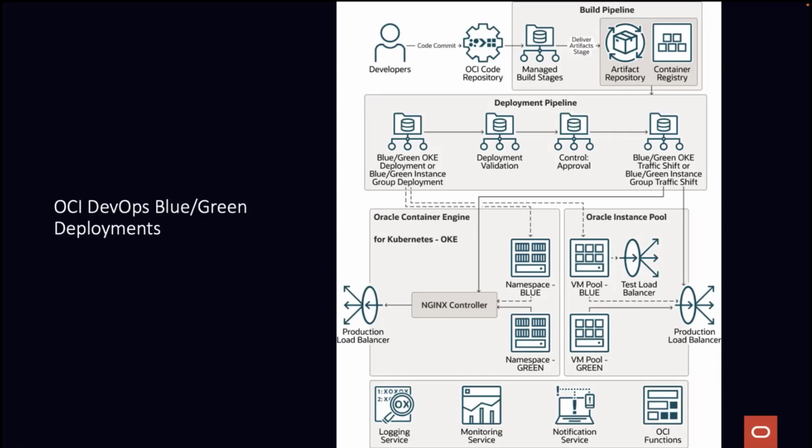It is used for OKE, and we use two namespaces, blue and green. From there, we have an Nginx controller, which is used as the production load balancer. You can also see the monitoring, logging, and notification, or you can integrate with OCI Functions.